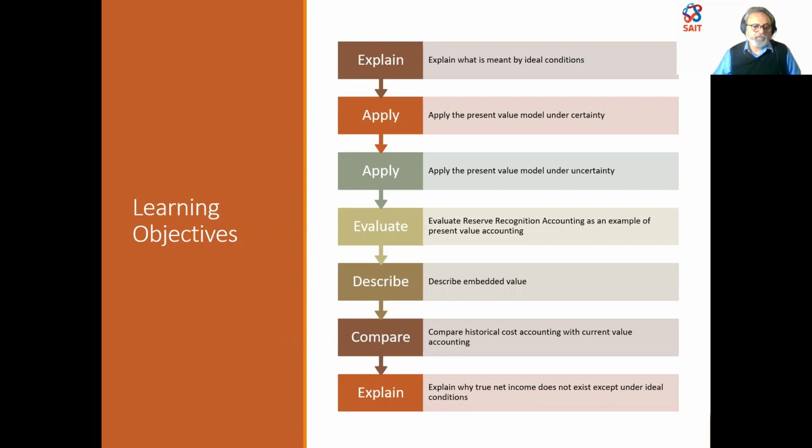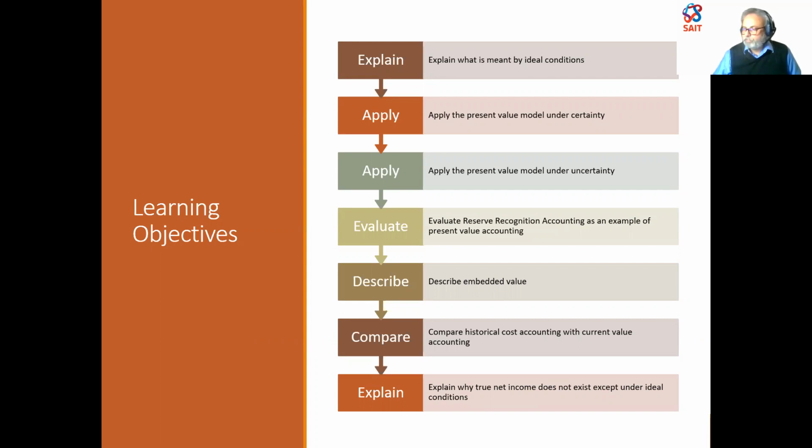And we have 2 examples here. One is with regards to reserve recognition accounting in the oil and gas world. And then the second one is the concept of embedded value, which comes from the world of insurance rather.